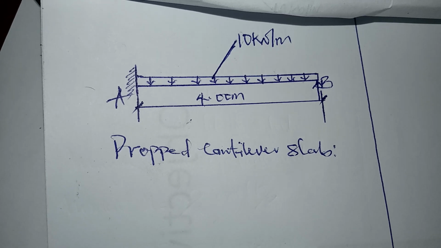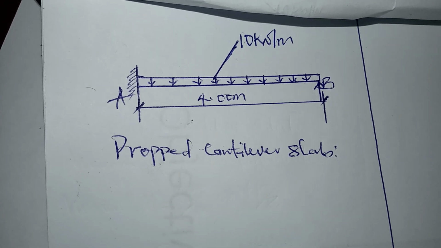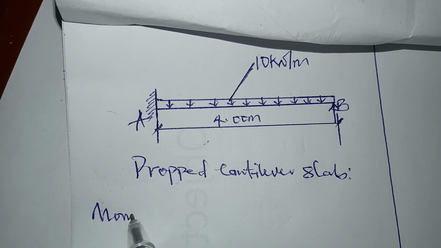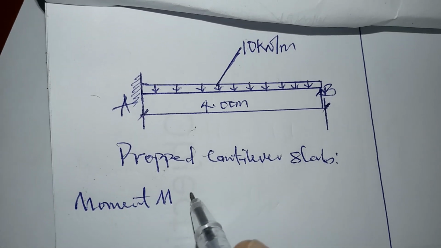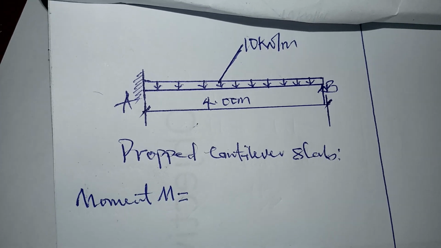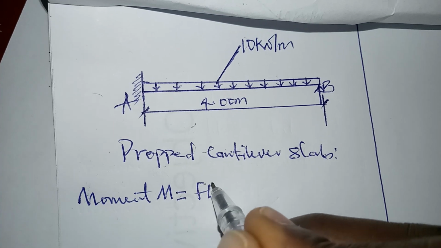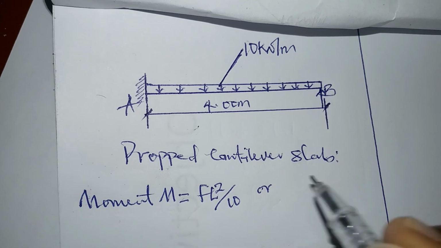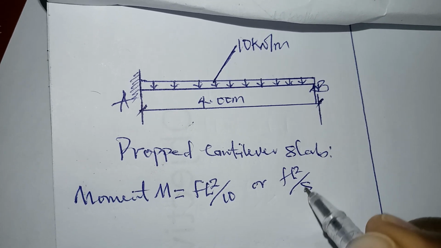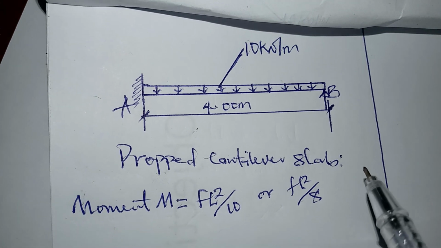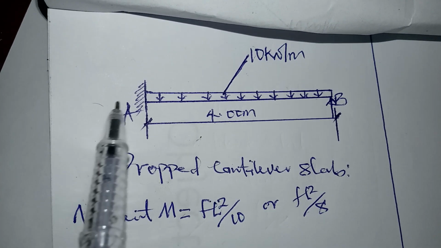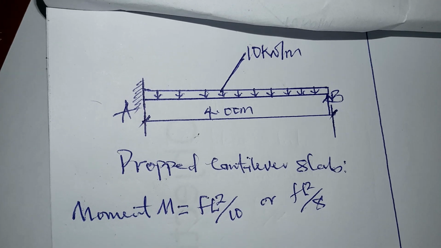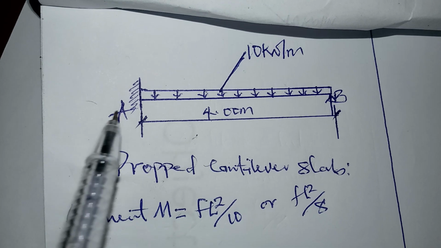So we are going to proceed with the moment calculation. In this case, M will be equal to FL squared divided by 10. We could have used FL squared divided by 8, but based on the previous slab calculated attached to this, using this would be uneconomical since there is already an adjacent and adjoining slab.